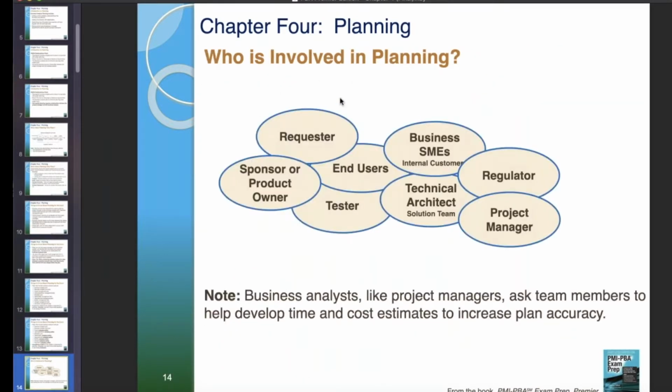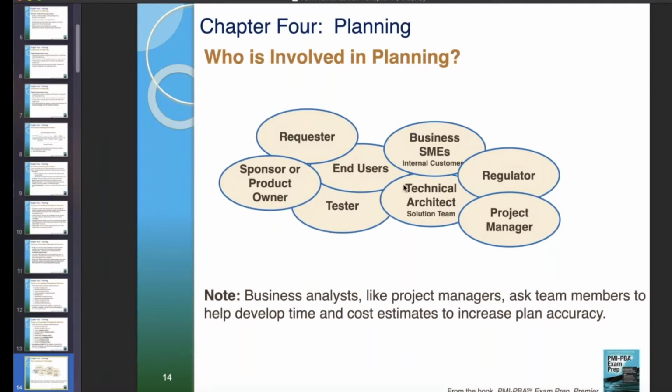So who is involved in planning anyway? Now, let's first note, business analysts like project managers ask team members to help develop time and cost estimates to increase plan accuracy. You know, it's not the one thing. It's not just the analyst. Like you get PMs that you're working with, and you all should be talking to team members, experts.